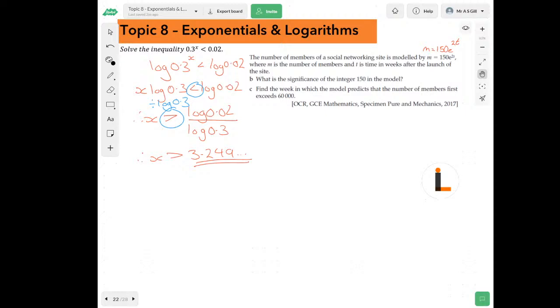Just whilst you're answering this question, this first part B on the right hand side links back to the questions we looked at on the previous slides.